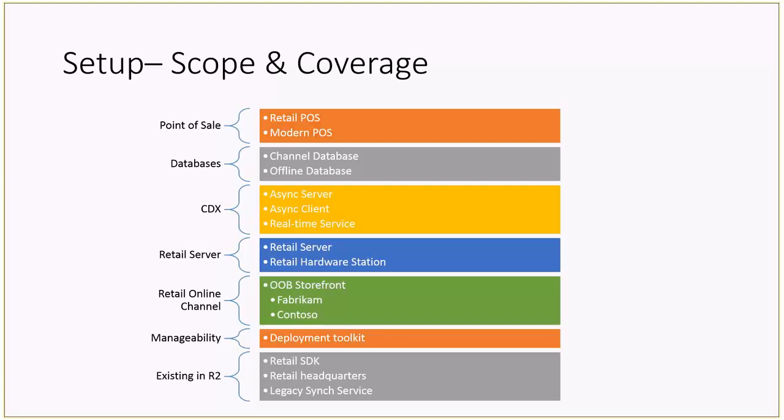Then we have the commerce data exchange. If you remember in the R2 timeframe, the two components there were the real-time service and the sync service. In the R3 timeframe, we've overhauled the sync service component, which now becomes a standard client-server architecture type of component. So we have the async server and async client, which replaced the previous sync service component.